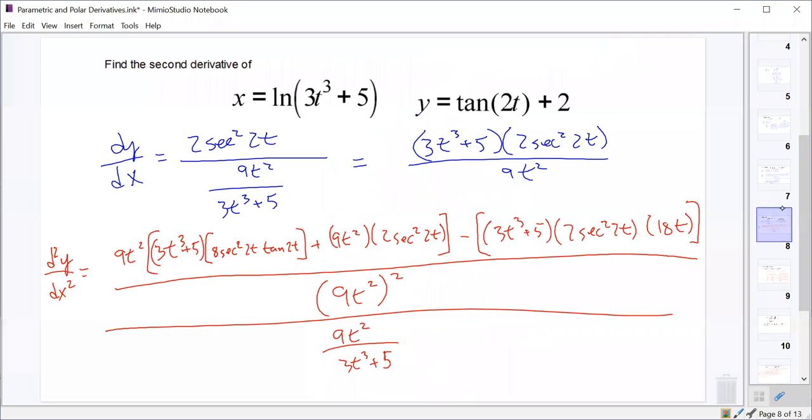So this is the derivative of dy dx with respect to t, and then this is dx dt. Okay, sorry, I forgot that you had to put the dx dt on the bottom. Yeah, especially common mistake because people get all wrapped up in all of this stuff in the numerator that sometimes is really unpleasant, and then feel like, oh, thank God I finally finished it, and then forget the divide by dx dt at the end. So yeah, just make sure you're careful with that.